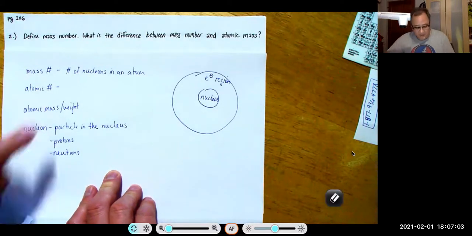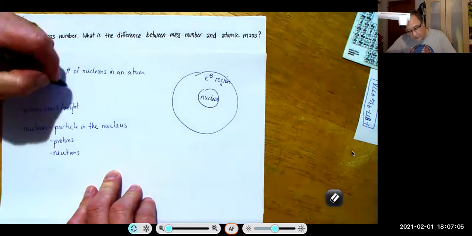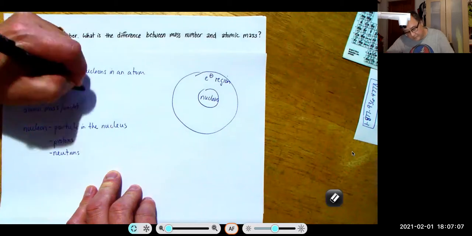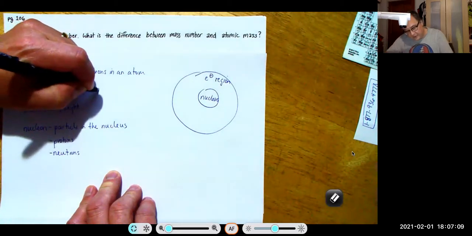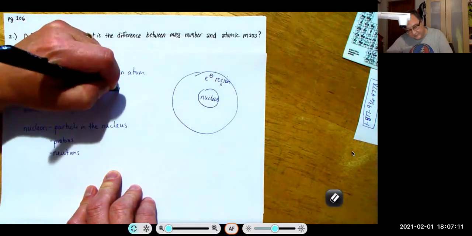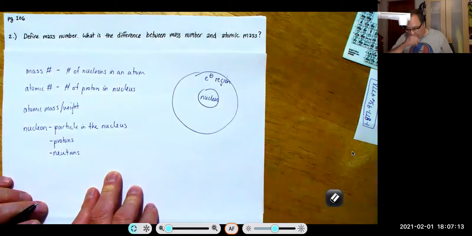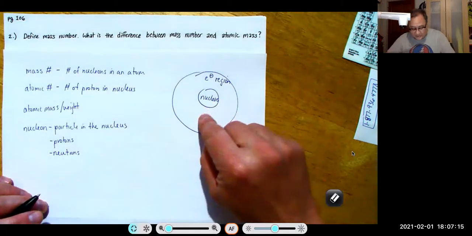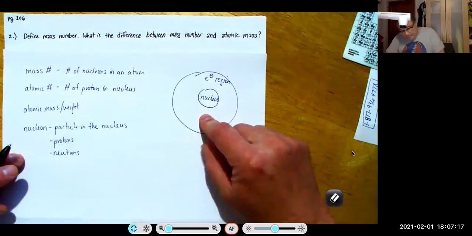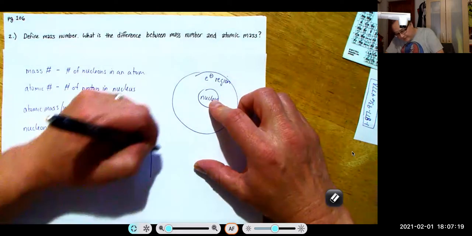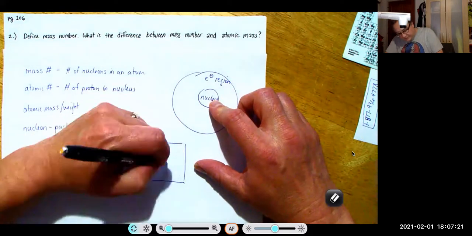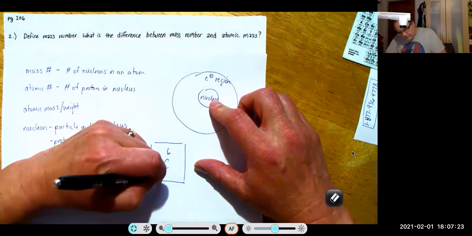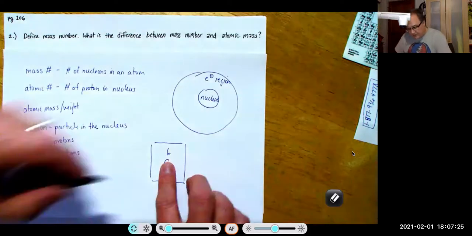Atomic number. Atomic number is the number of protons in the nucleus. So if you count just the protons in here, that's the atomic number. When you look at an element like carbon, this number at top is the atomic number.